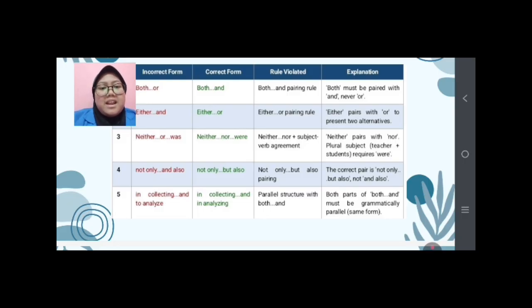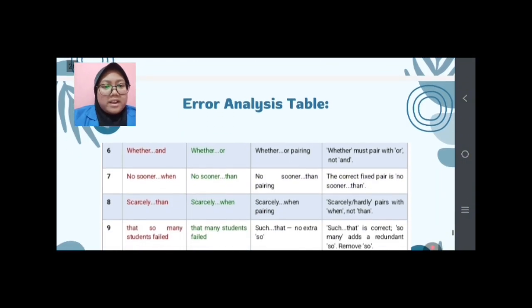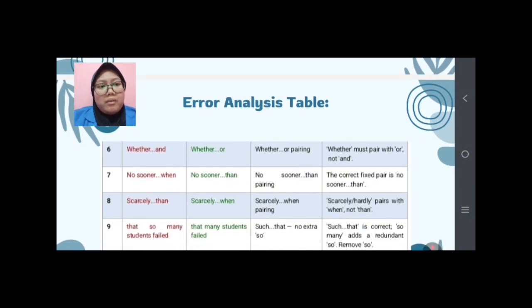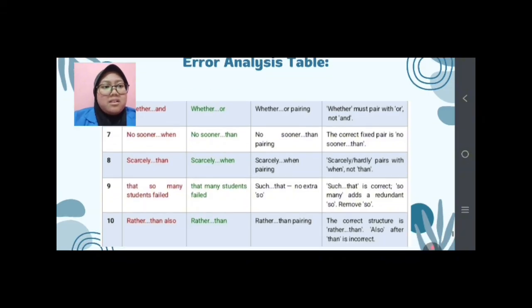In collecting and analysis, parallel structure with both and. Both parts of both and must be grammatically parallel, same form. Whether and, whether or pairing. Whether must pair with or, not and. No sooner when, no sooner than pairing. The correct fixed pair is no sooner than.